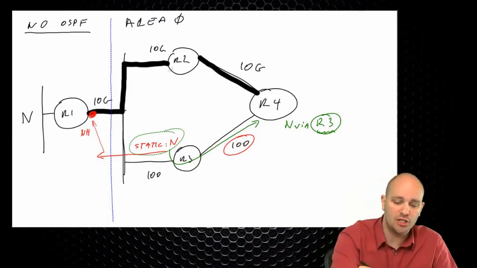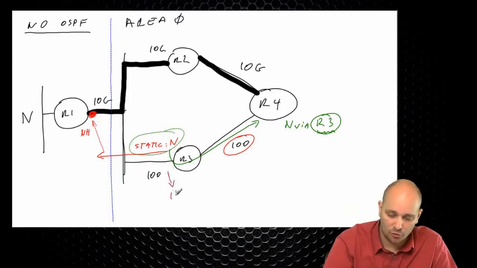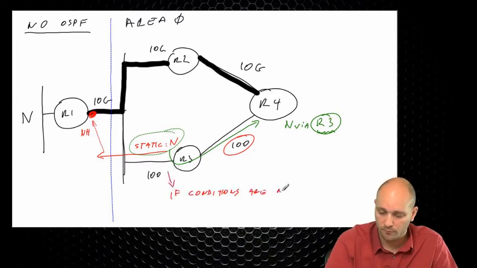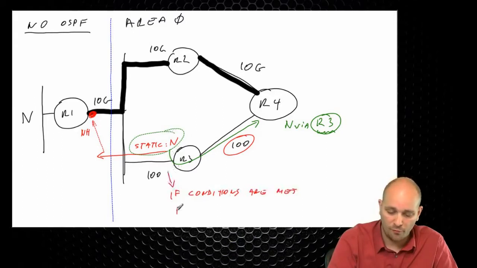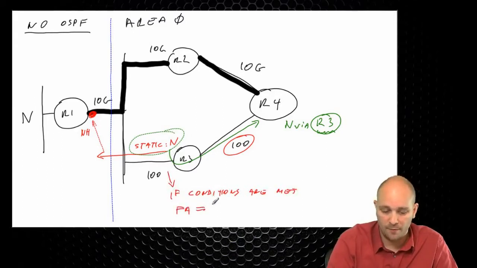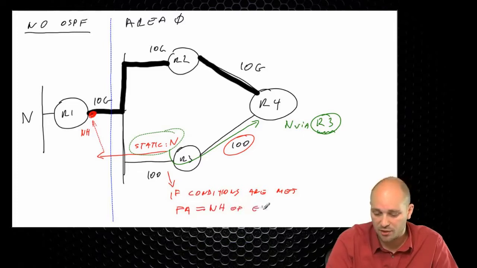If certain conditions are met, so here I'm just going to use red here. If conditions are met, forward address will be the next hop of the external route.